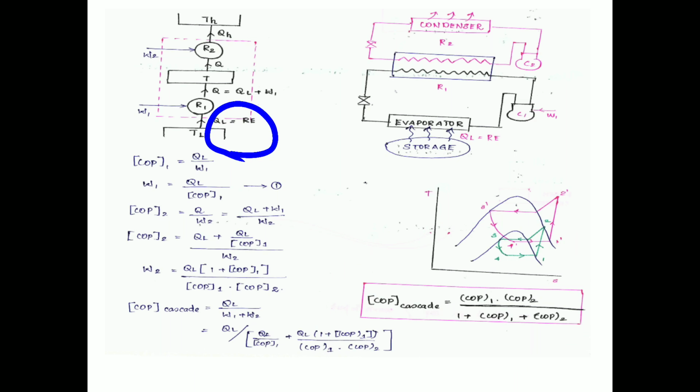So this is the way to find the COP of a cascade refrigeration system. This derivation may be asked in your examination.